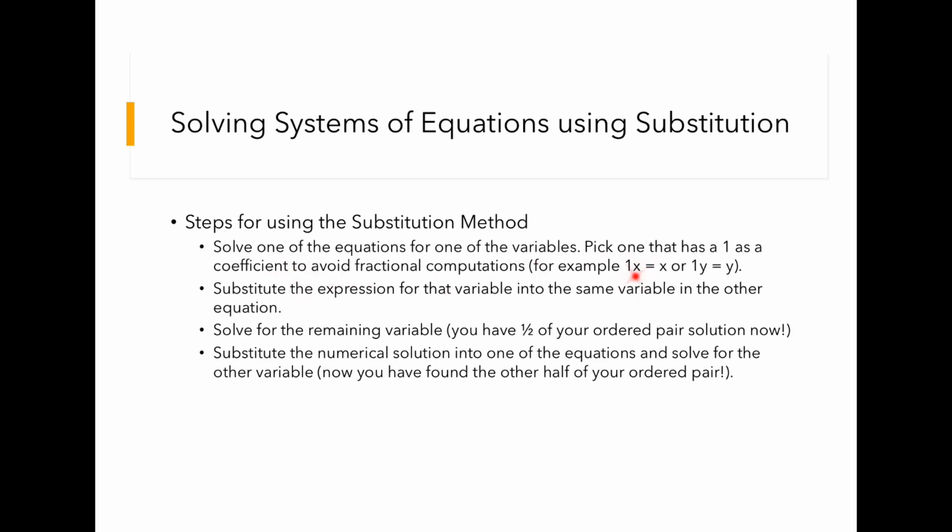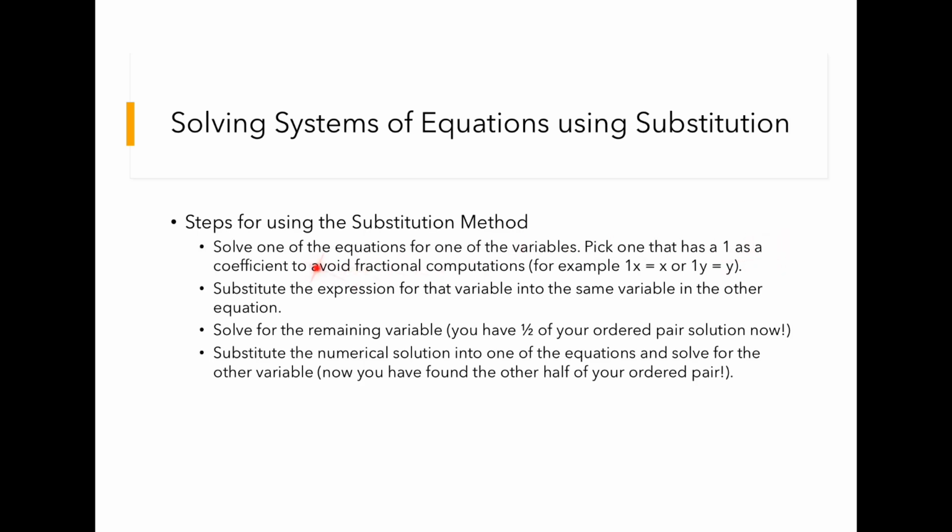Generally we don't even see the 1, right? 1 times x is just written as x, or 1 times y is just written as y. So we want to look within our system of equations for which equation has a variable term that just has a 1 as a coefficient.